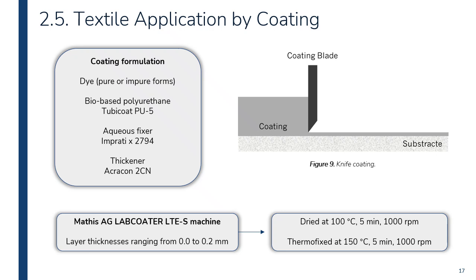The paste was applied onto cotton knit fabric using the knife-on-roller method with the layer thickness ranging from 0 to 0.2 millimeters using a Mathis Labcoater machine. After application, the samples were dried at 100 degrees Celsius and thermofixed at 150 degrees Celsius to ensure adhesion and durability of the coating.